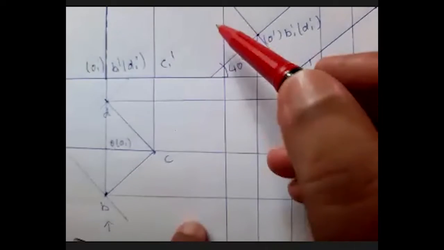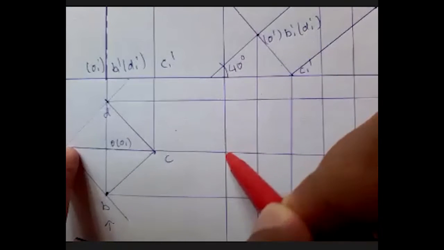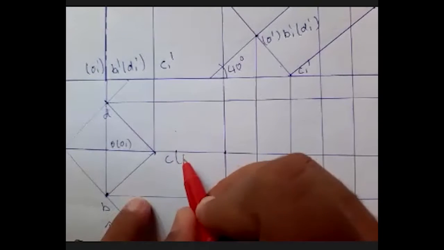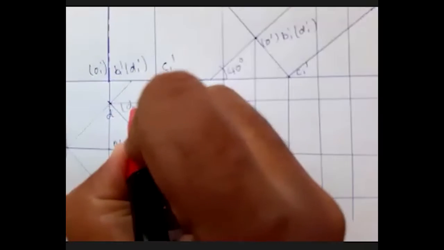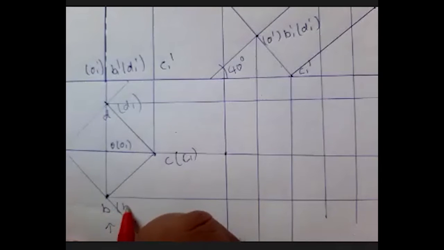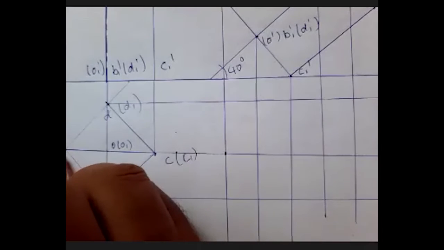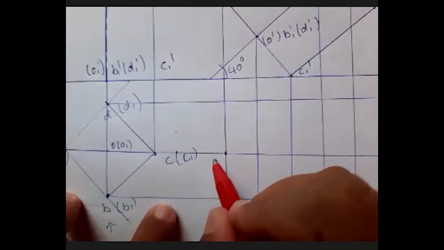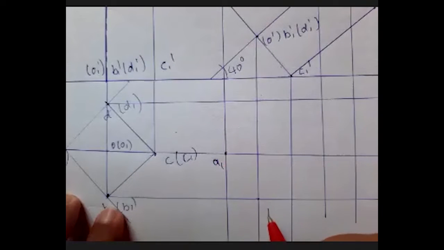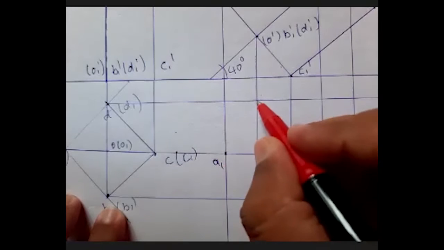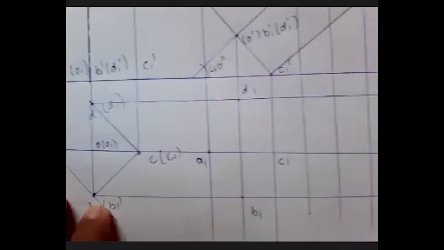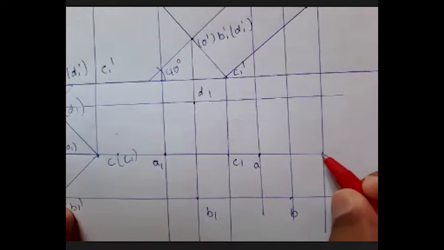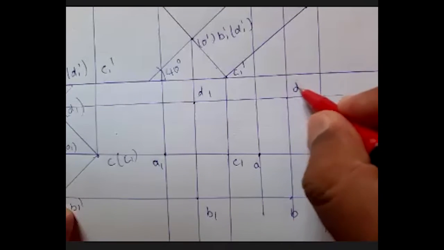Then I have A1 from here, A from here. So this is C1, this is D1 in the bracket, this is B1 in the bracket, and A1 in the bracket. So this point is A1, this point is B1, C1 as well as D1. Similarly, I have A, this is B, this is C, then I have D.